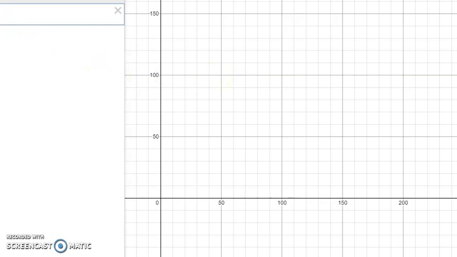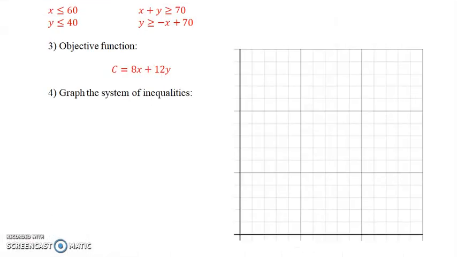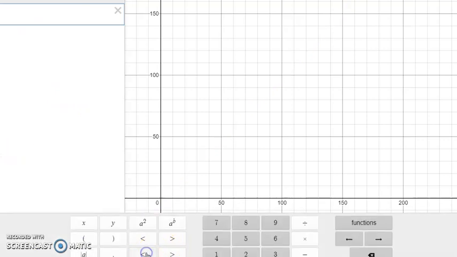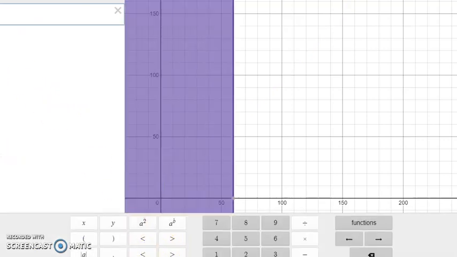All right, so our first inequality, if we look back, x less than or equal to 60.